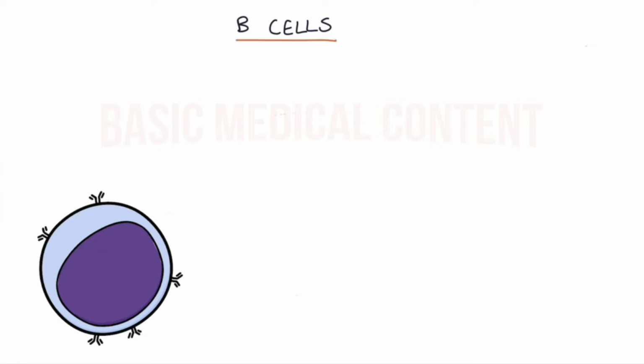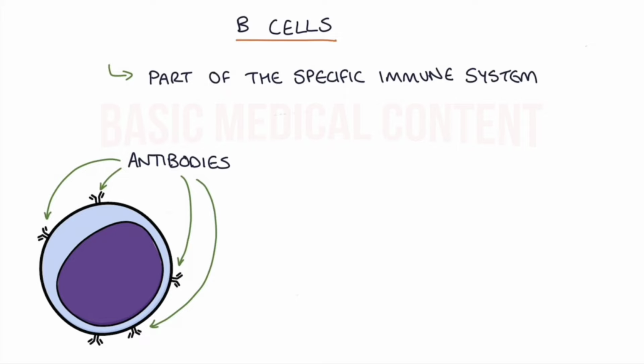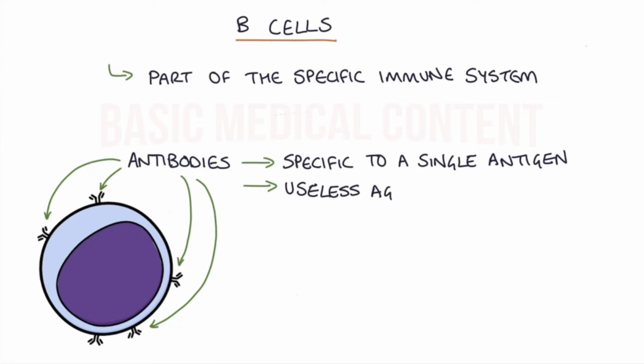B cells are a very important part of the specific immune system. And B cells have antibodies on their surface membrane, and each B cell has antibodies that are specific to a single antigen, and they're useless against all other antigens.